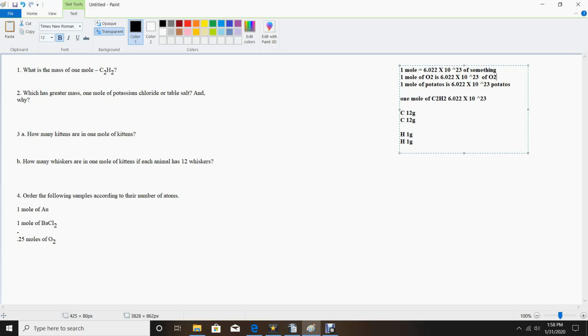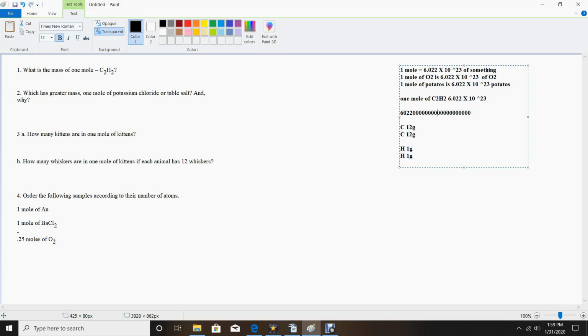So 1 mole of C2H2 is that many molecules, Avogadro's number, 6.022 times 10 to the 23rd. In case you're wondering what that would look like if we wrote it out, I believe it's going to be that.